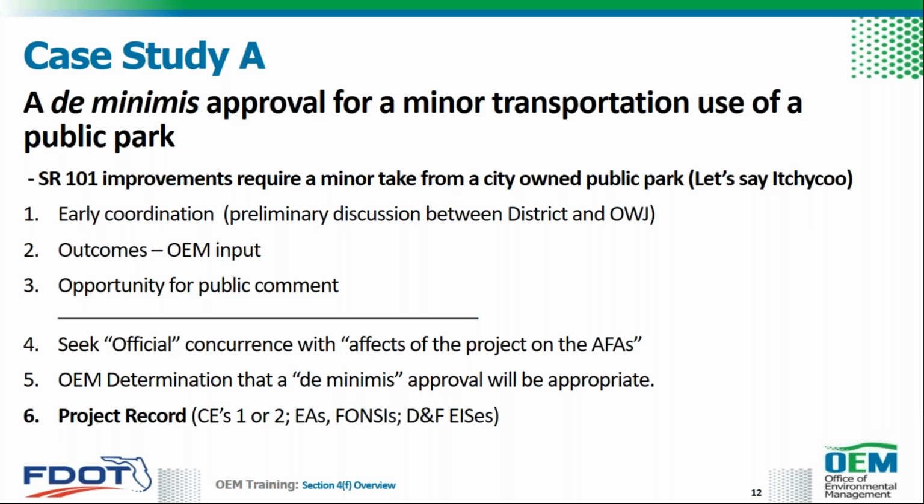The officials with jurisdiction are generally not intimately familiar with the provisions of Section 4F, and the public are even less so. And you'll talk to them about the opportunity for public comment so that they're aware you're going to be going to the public.